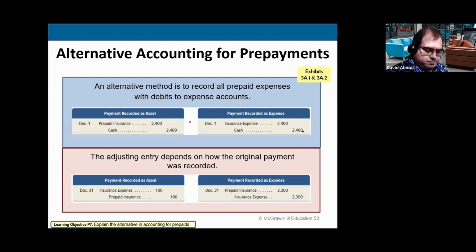$2,400. And then at the end of the accounting period, December 31, insurance protection for 1 month had expired. This means that $100 of insurance coverage has expired and is an expense for December. The adjusting entry depends on how the original payment was recorded, and this is shown in the second graphic.